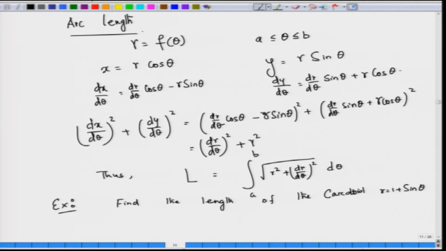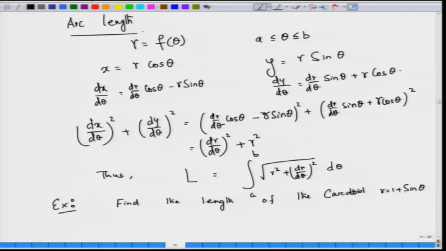So now here the interval we are looking at, theta is varying from 0 to 2 pi. Now r equal to 1 plus sin theta, therefore let us calculate dr by d theta. This is going to be nothing but cos theta.